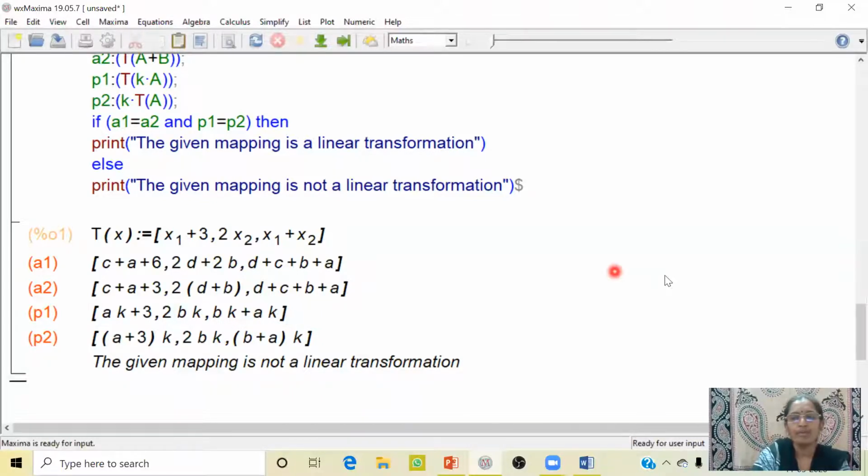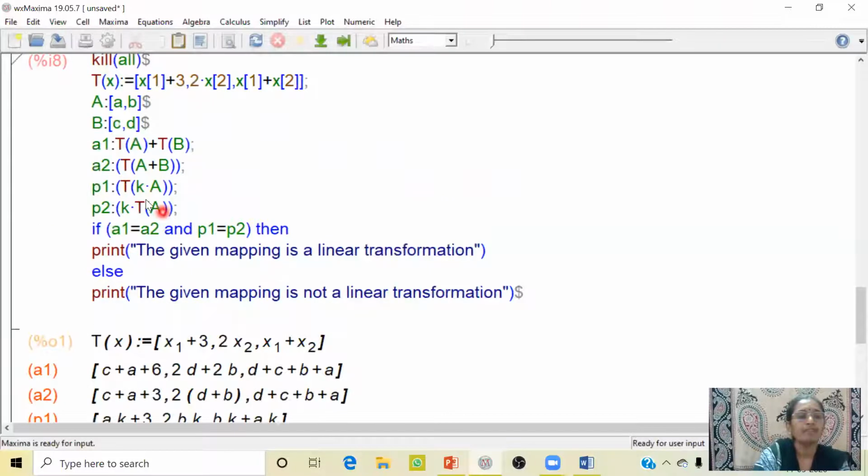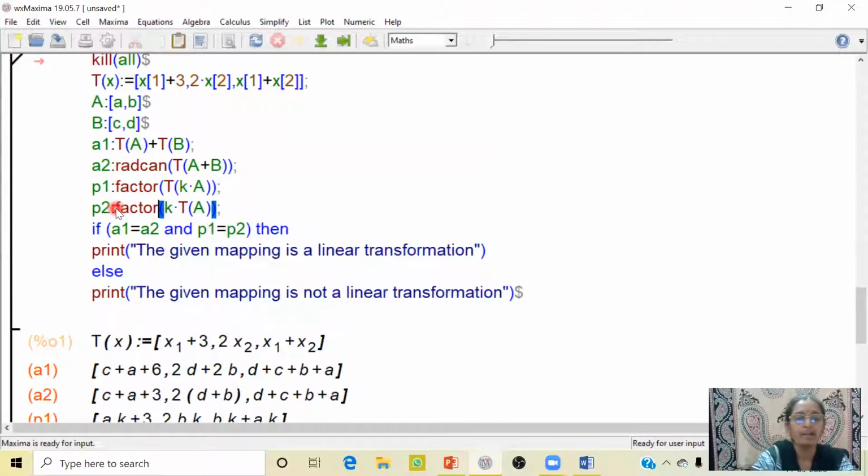Therefore, if you use the command radcan here in A2, and in P1, let us use factor, and in P2 also you use factor command.